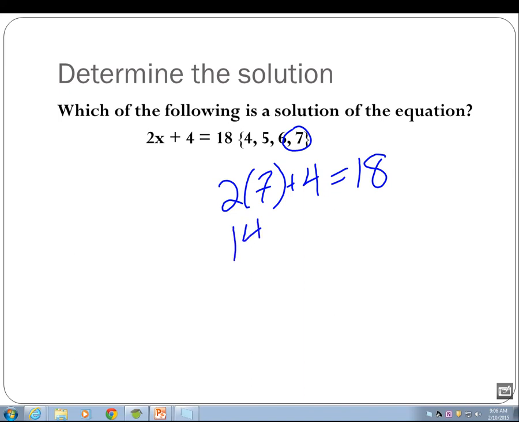So it's 14 plus 4 equals 18. See how I have my equal symbols right on top of each other when I'm working this down? And I'm lefty and I'm trying to stay out of the way so it curves up. But then I have 18 is equal to 18. Do you agree? Good.